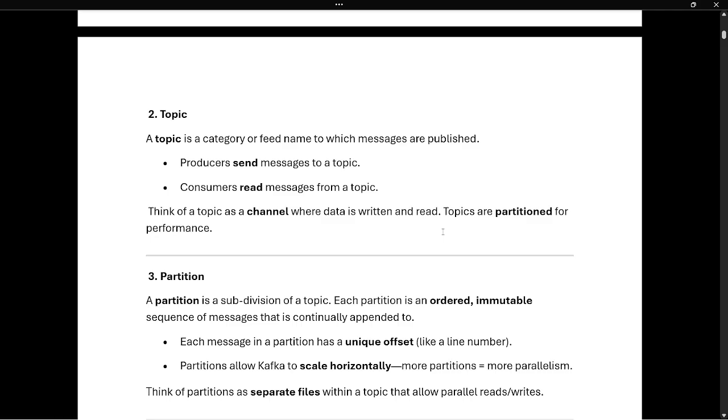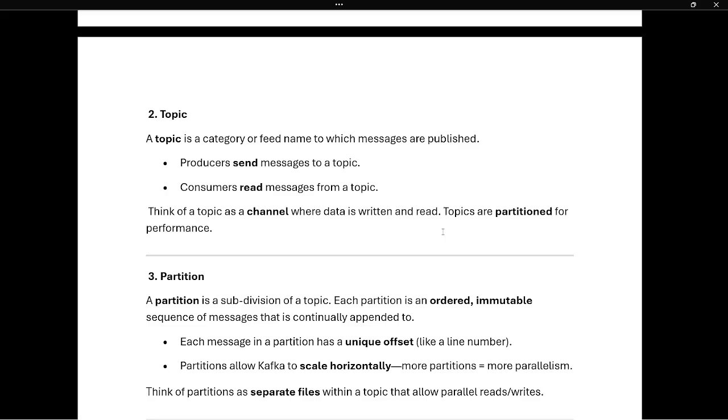We will see this also in upcoming questions: why offset numbering is required, how it maintains the order, everything we will see. For now, we understand that a partition is basically a subdivision of a topic, each partition is ordered and immutable, and each message in a partition has a unique offset. This we have to remember.